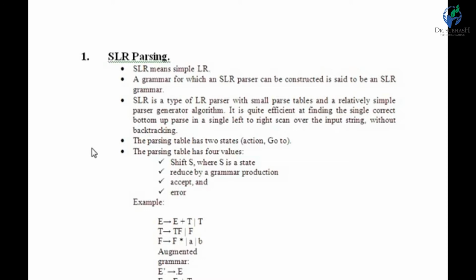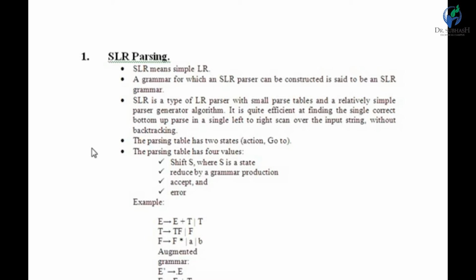Kernel items are a collection of items: S dash gives dot S and all the items whose dots are not at the leftmost end of the right hand side of the rule. Non-kernel items are a collection of items in which dots are at the leftmost end of the right hand side of the rule.